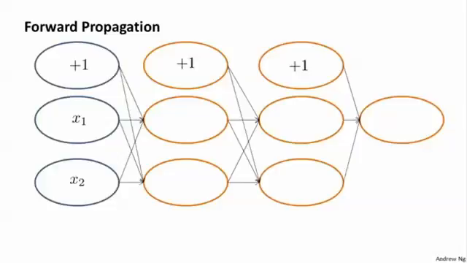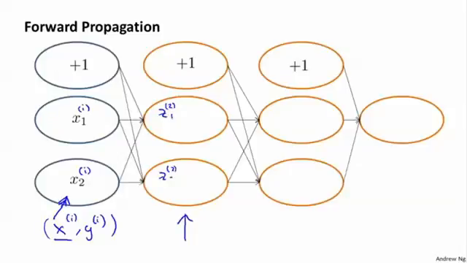When performing forward propagation, we might have some particular example xi comma yi, and this xi we feed into the input layer. So xi1 and xi2 are the values we set the input layer to. When we forward propagate to the first hidden layer, we compute z21 and z22, the weighted sums of the inputs.